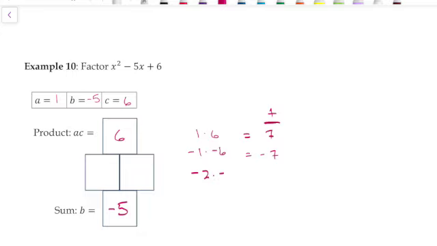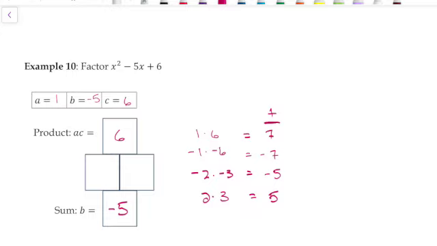Negative 2 times negative 3 is going to give me positive 6. Add them together, and we're going to get negative 5. And then 2 times 3 is going to give me 5.